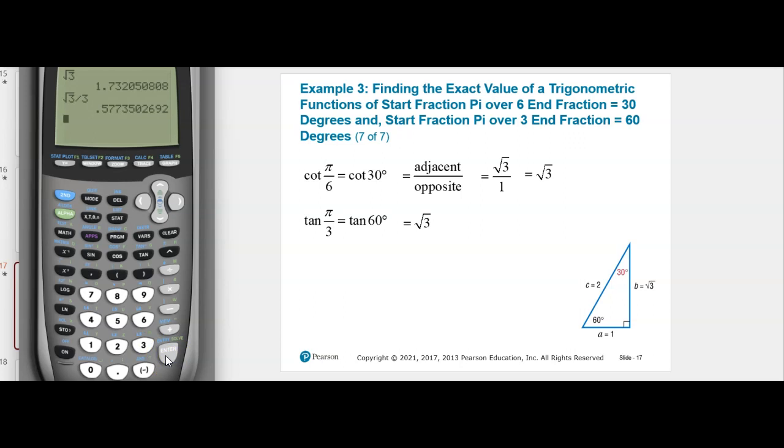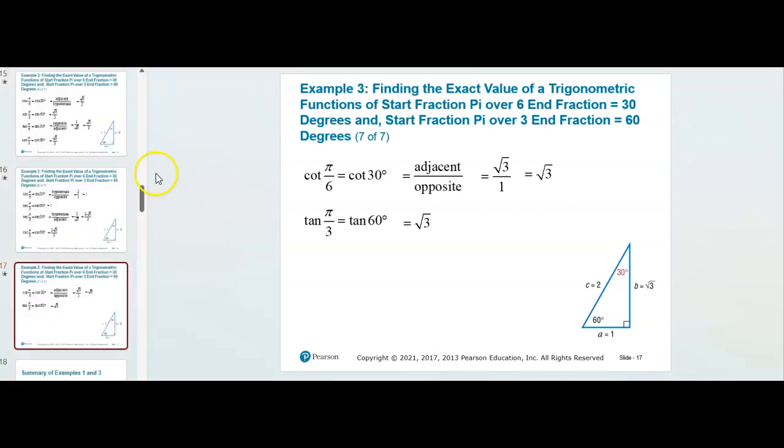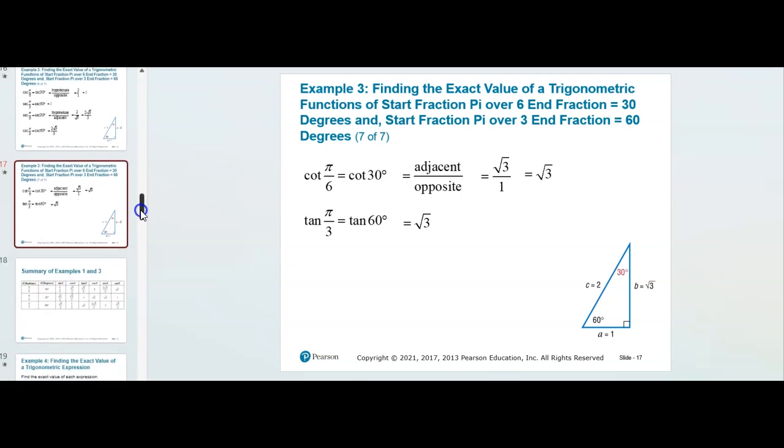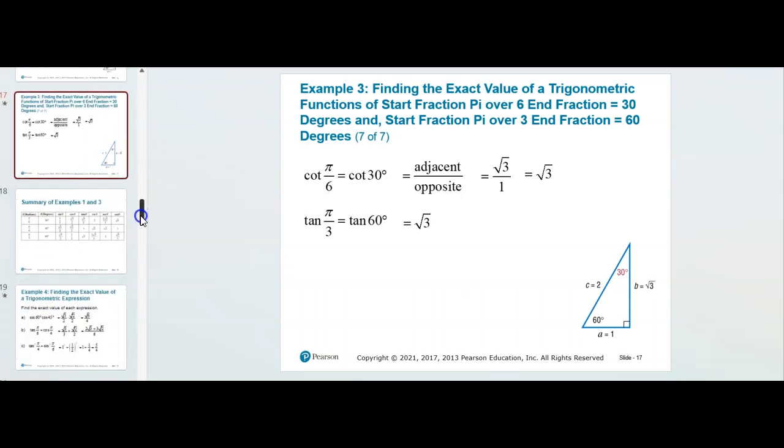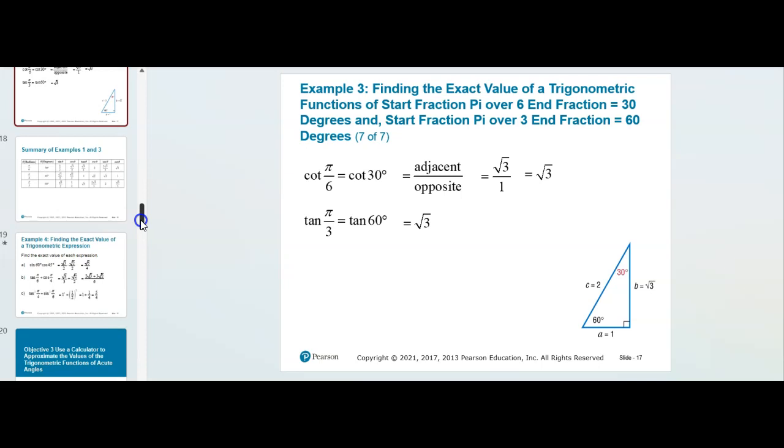And then if they show up on the test, if I do tangent of pi over 3, I hit enter, and I see that number, I can say, oh, that's the square root of 3. So I know that's the answer. Those are little things you can do to have technology help you and remind you, so you don't have to memorize so much. You're going to have to memorize a lot on this test, and the final exam especially, but the technology will minimize what you have to memorize.